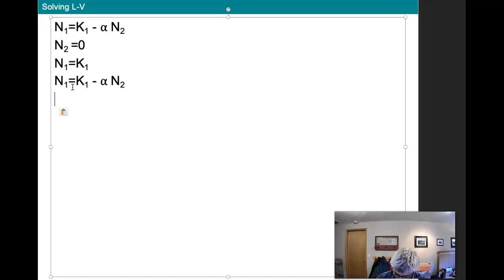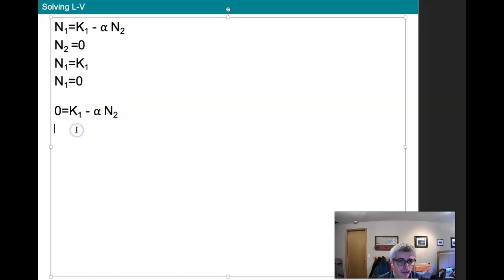Now let's solve for the K1 over alpha term. In that case, N1 is 0. So let's do N1 equals 0. Go back to our equation here. So 0 equals K1 minus alpha times N1.